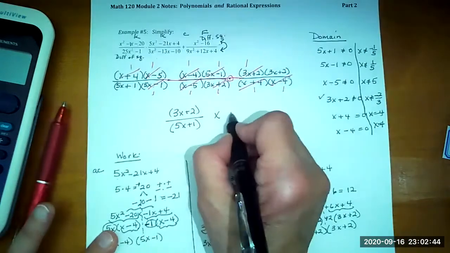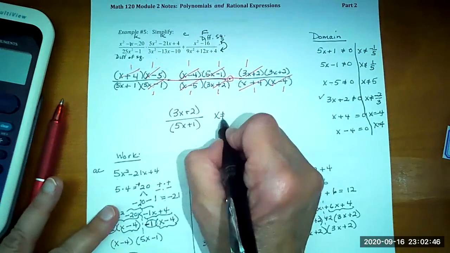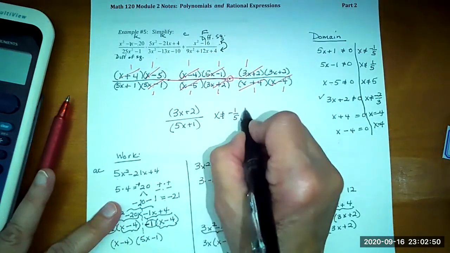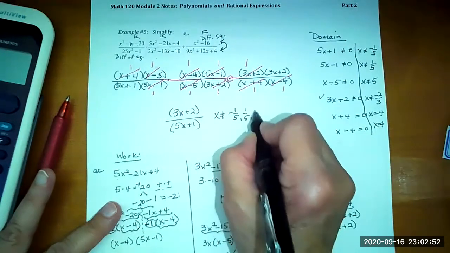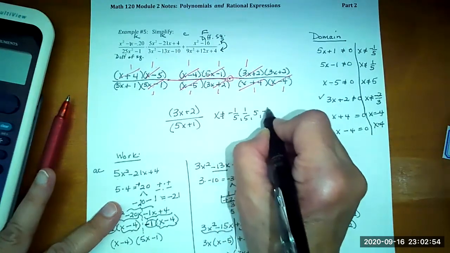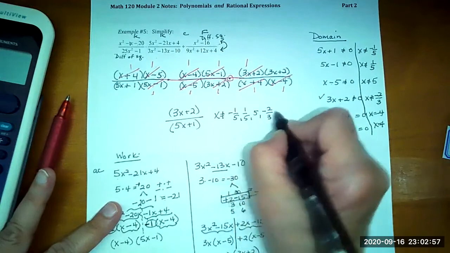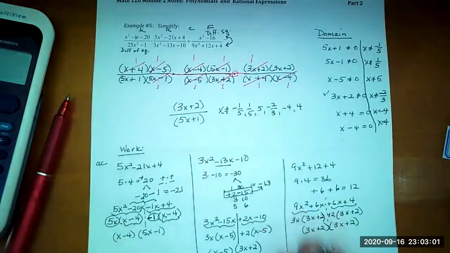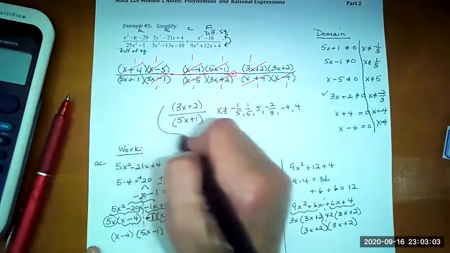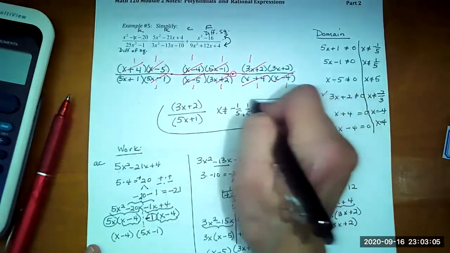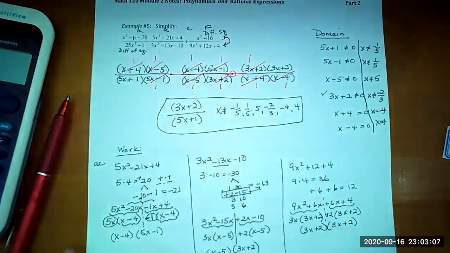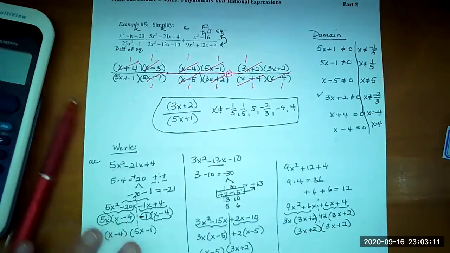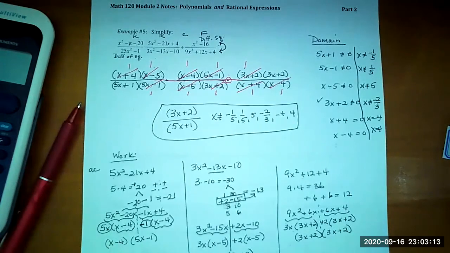As long as x does not equal -1/5, 1/5, 5, -2/3, -4, and 4. Okay, so there you go. There is the simplified answer and the domain. All right, guys, that's the end of division.